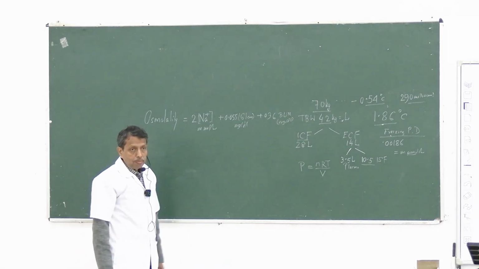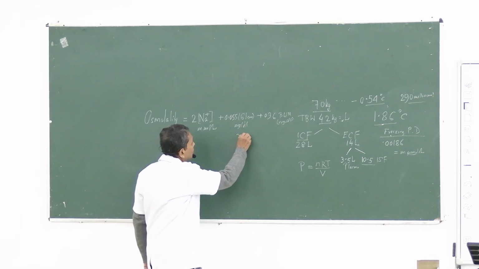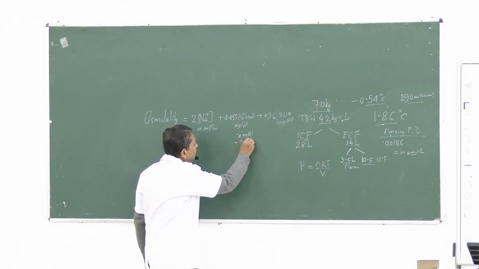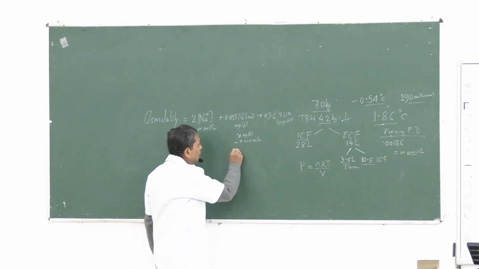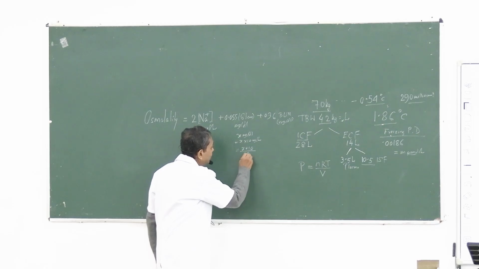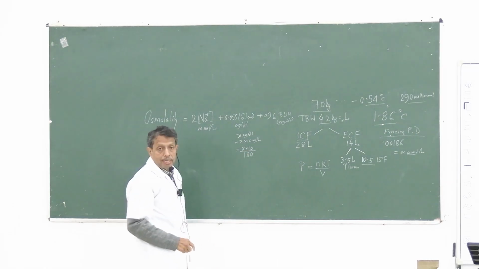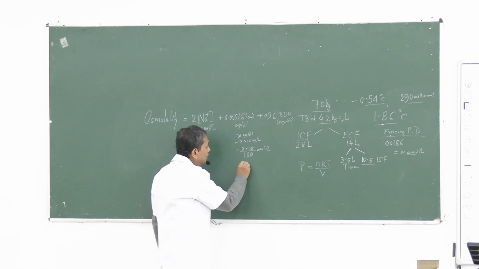And how is the constant derived? You can find out. Suppose glucose is x milligram per deciliter. So it will be x into 10 milligram per liter. And the molecular weight of glucose is 180 gram, and since you are taking milligram, it is millimole per liter. 1 by 18 is 0.055.